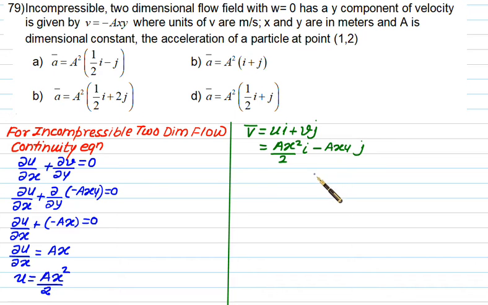Now recall that we have the acceleration given as the material derivative, dV by dt, which is the same as del V by dt plus u into del V by del x plus v into del V by del y, where V is the velocity vector.